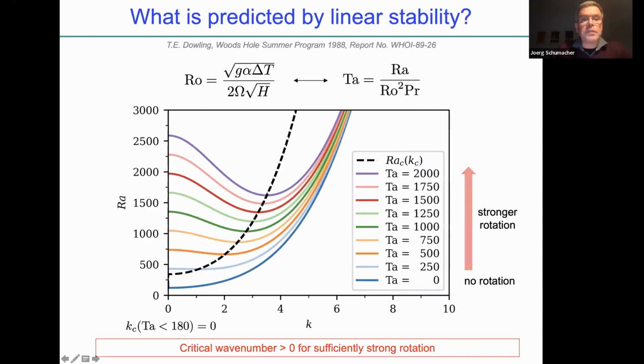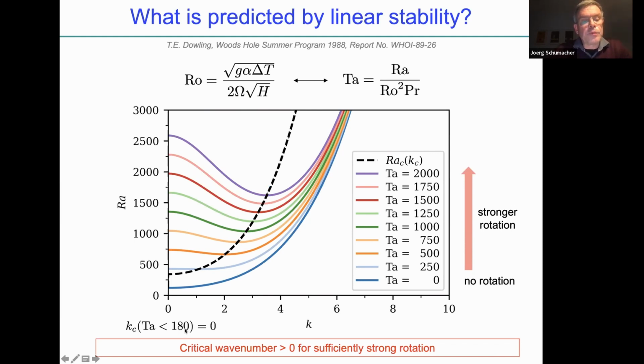And also for this system, there have been already linear stability analysis conducted, for instance, here, the work of Dowling, and for a sufficiently strong rotation, which is quantified here by a Taylor number. The critical Taylor number is, I think, 180.